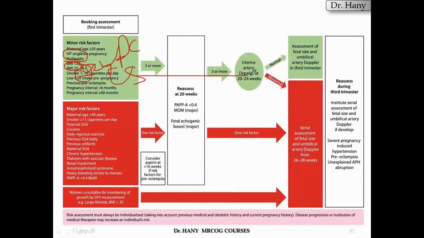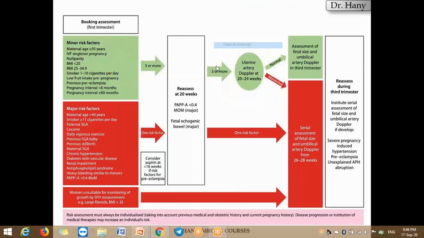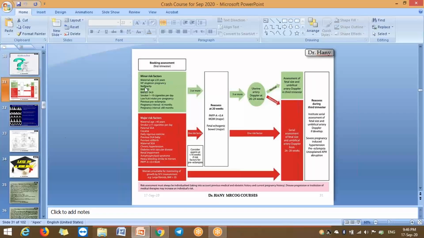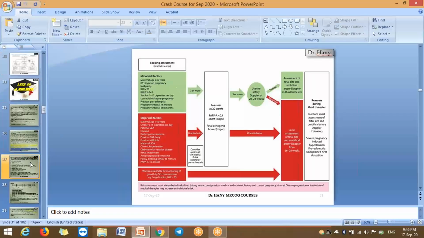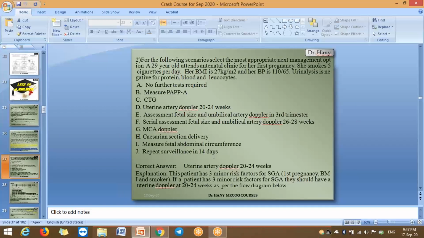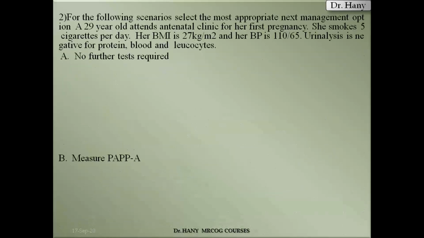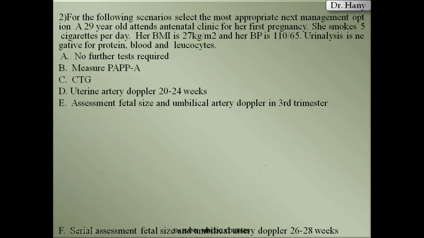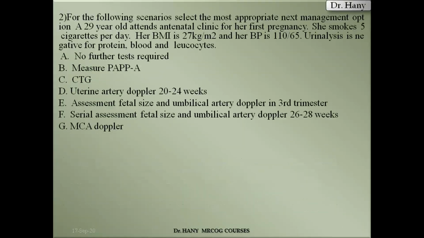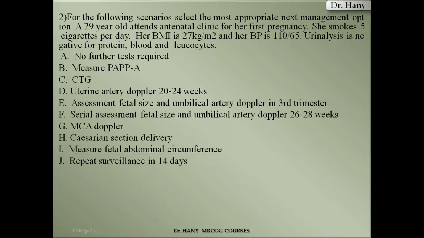So, evidence-based answer. This is the exam question. This woman needs uterine artery Doppler at 20 to 24 weeks gestation. If you get 3 minor risk factors, you will get uterine artery Doppler at 20 to 24 weeks.